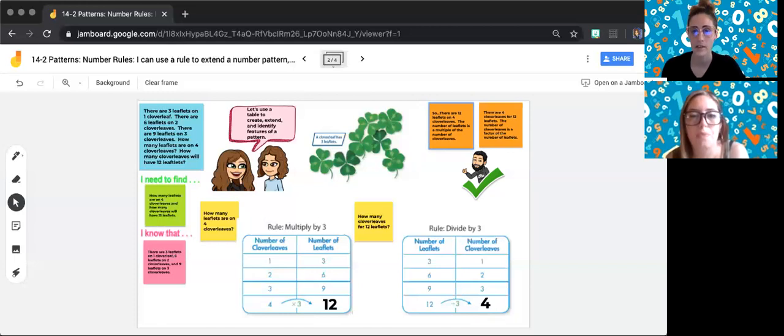Great. However, in the second pattern where we divide by 3, the number of clover leaves is increasing by 1: 1, 2, 3, 4. Yeah, great job. Let's take a look at the next one.